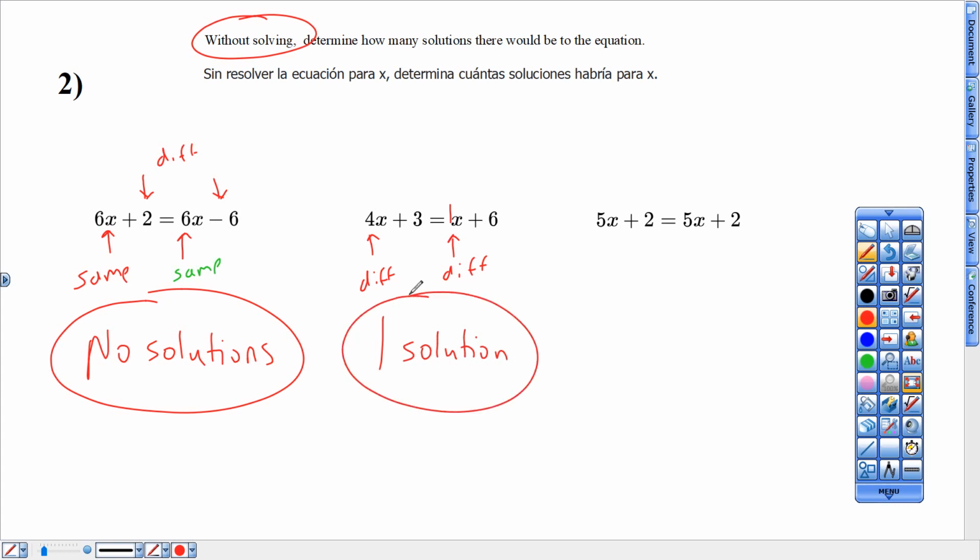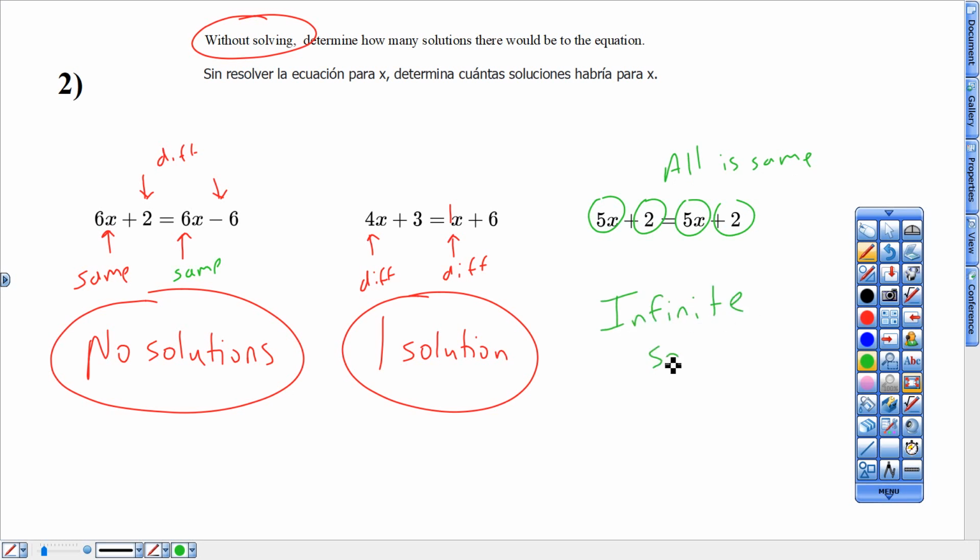Do I have the same number of x's and the different plain number? That's no solution. And then, of course, the other one, when everything is exactly the same, that means you have that infinite solution look, or all answers work.